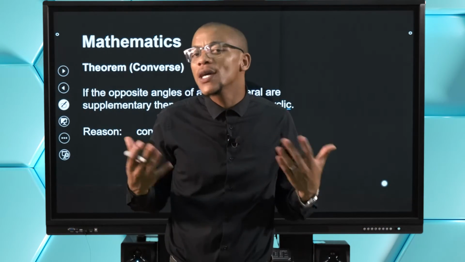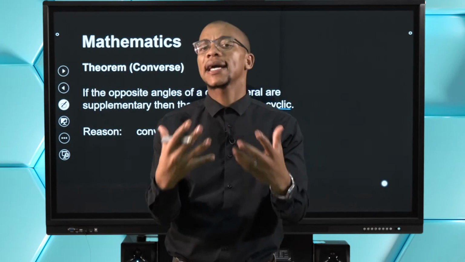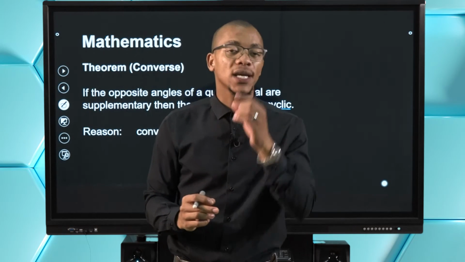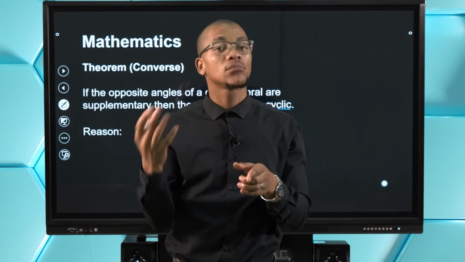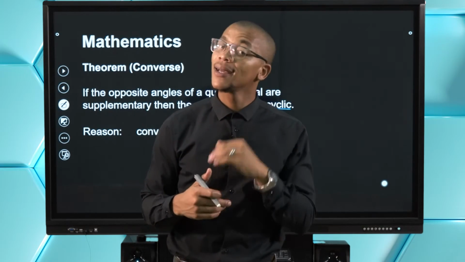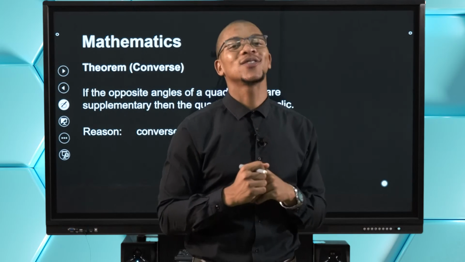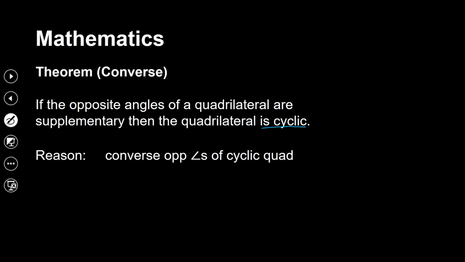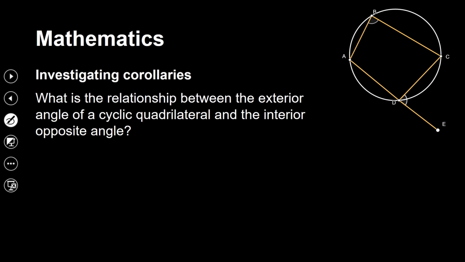So I don't always need to tell you that it is a cyclic quad for you to know that it is a cyclic quad. No. If you can add the opposite angles to 180 degrees, then it is definitely a cyclic quadrilateral. So those are some of the things that you please need to think about. And when we use the word converse is when we were not told that it is a cyclic quad, but they required us to prove that it is a cyclic quadrilateral, right?